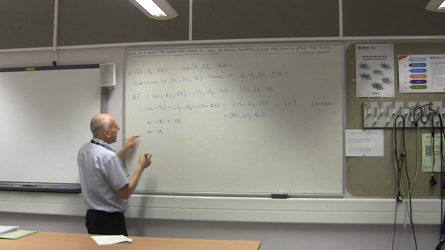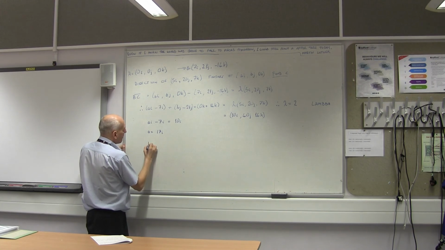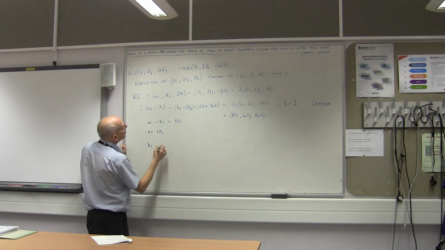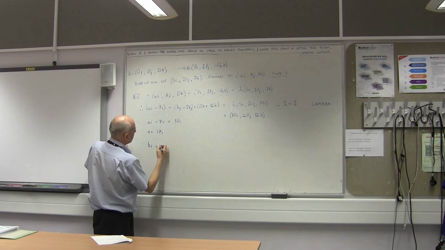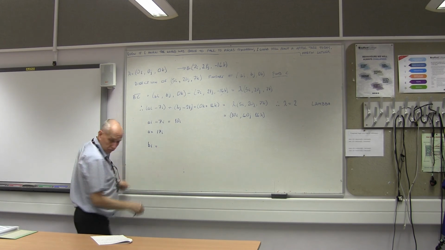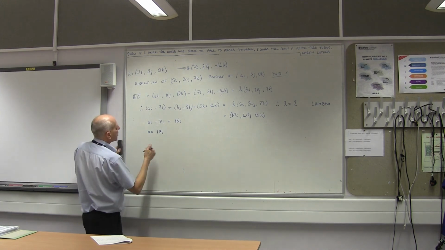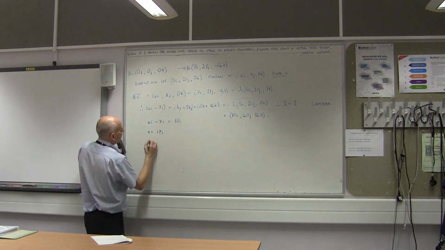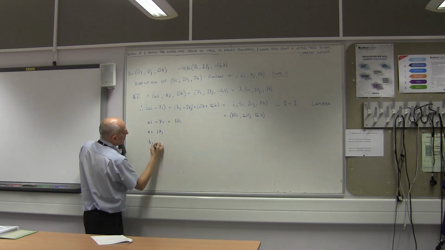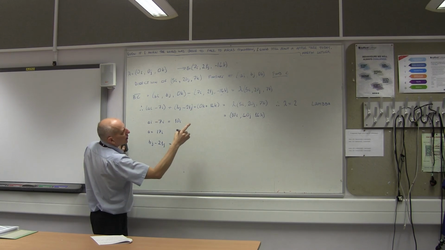So that's A, and B, so BI equals 20, sorry, let's get this right. I'm done with it. Bar rubber. So I've got here minus 21J equals 40J.